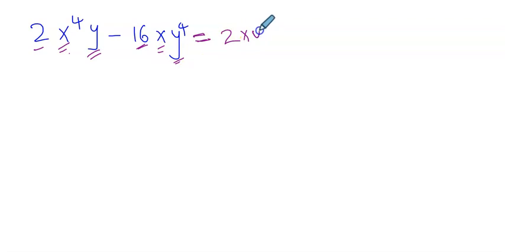So I will take out 2xy as a greatest common factor between these two terms. Now what I'll do is I'll have to divide this by that greatest common factor, because already it is taken out, it is factored out in fact, right?